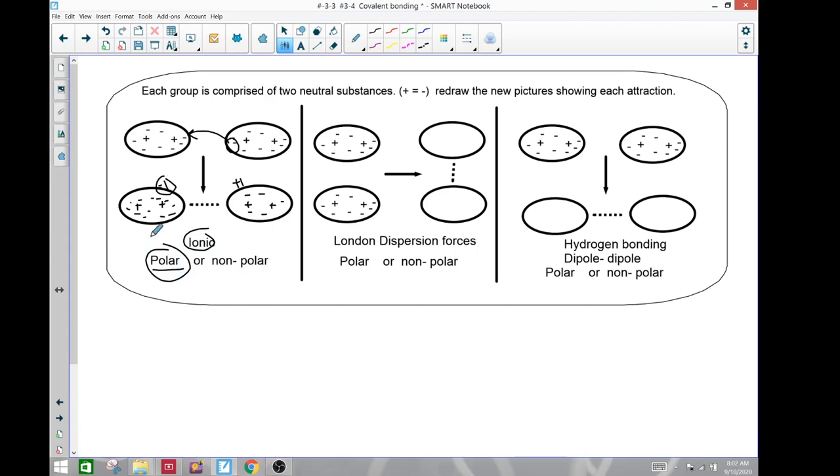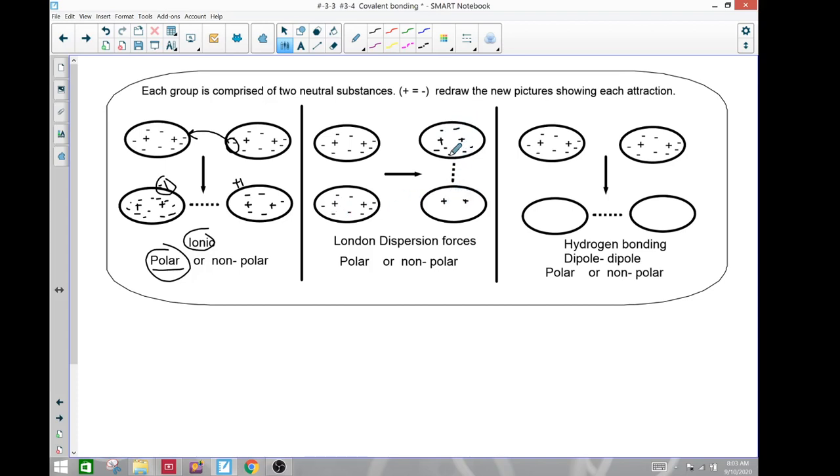All right, so here, London dispersion forces. What happens here? Once again, this guy here has two positives, and for whatever reason, because of random movement of electrons, one side becomes somewhat negative, and this side therefore becomes positive.